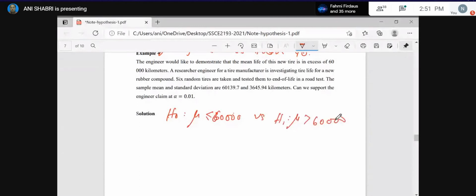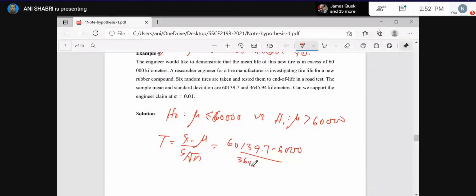After that, using the T distribution because n is small, T is equal to x bar minus mu divided by s divided by square root of n. We just substitute the values. S is 3, divided by square root of n, and n is 6. And we get the answer.